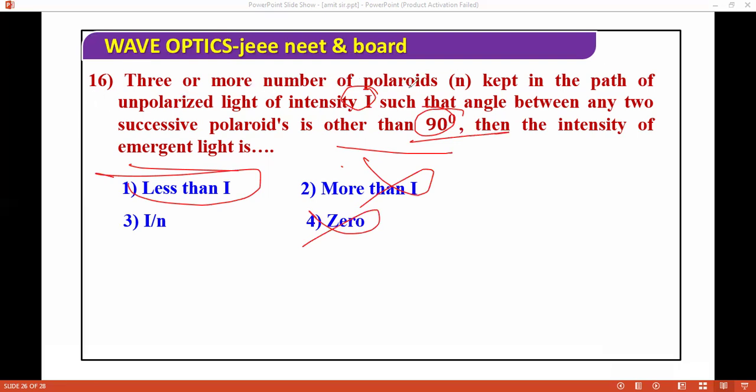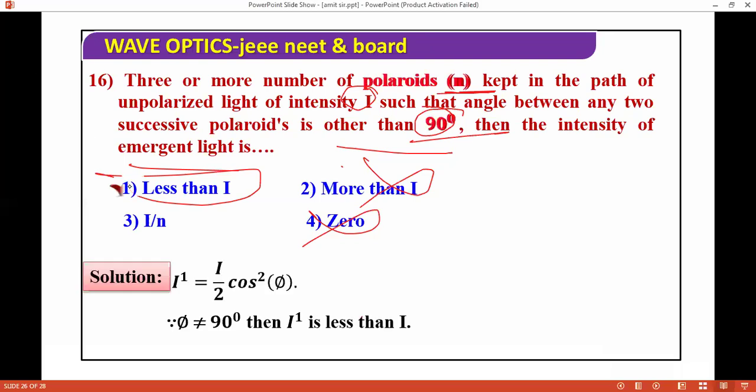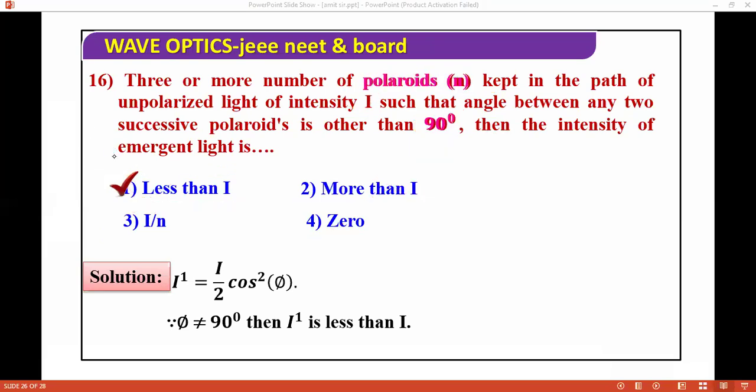Three or more means n number of polarisers you are putting here. If you put them, the intensity will come out less than I. This option is given to confuse you, so no need to worry about it. Don't get confused; you can solve it easily if you use the concept.